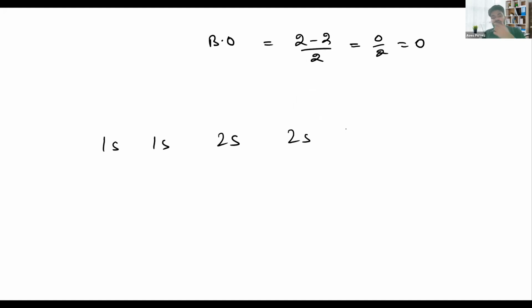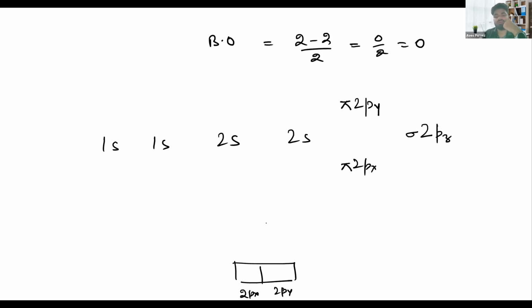If there are less than 14 electrons, then we have 2px, 2py bonding orbitals, and this is pi. This is also pi, and then we have sigma 2pz. Got it?